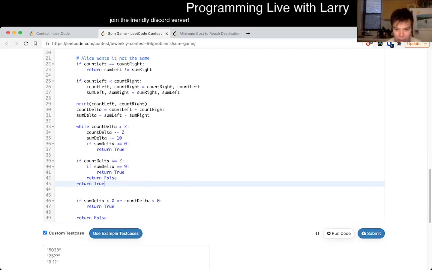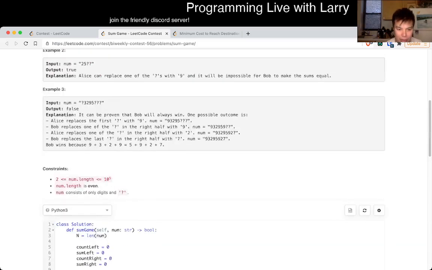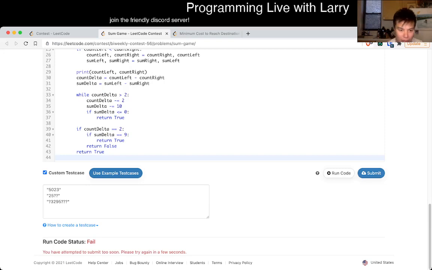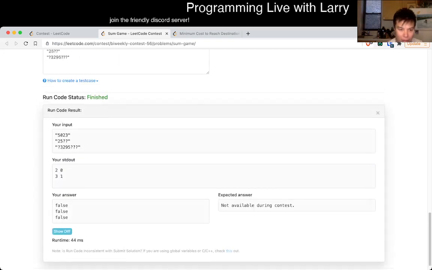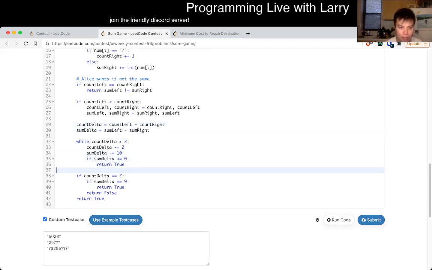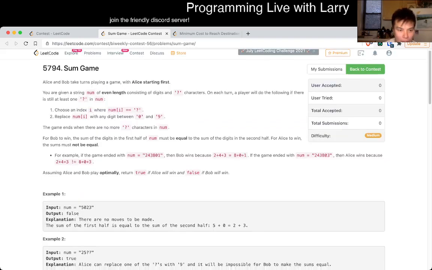Is that true? That's such an awkward thing. Would be better if this was actually right though. So okay, so false, true, false.